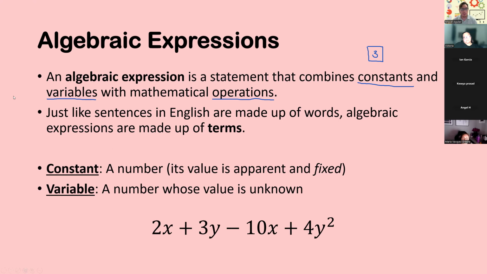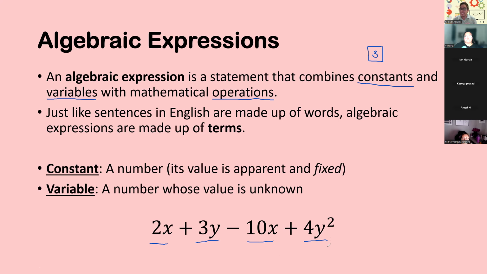Okay. If you were to read this out loud to yourself or to a friend, if you wanted to annoy them, you would say, I have 2x plus 3y minus 10x plus 4y squared, or sometimes we just say 4y to the second power. Okay.